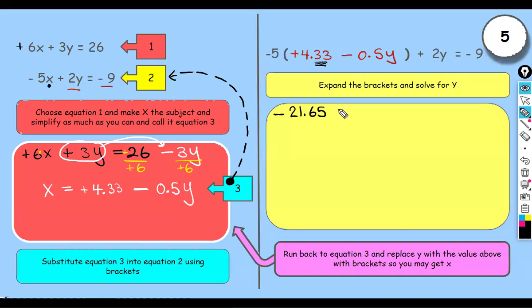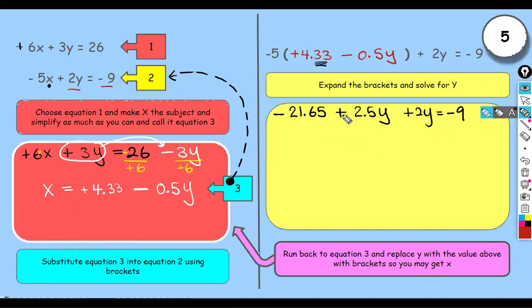Minus by minus is a positive. 5 multiplied by 0.5y is 2.5y. And then we have the positive 2y and the minus 9. We good so far, guys? All your numbers exactly like mine, no difference, because a difference will cause an issue.